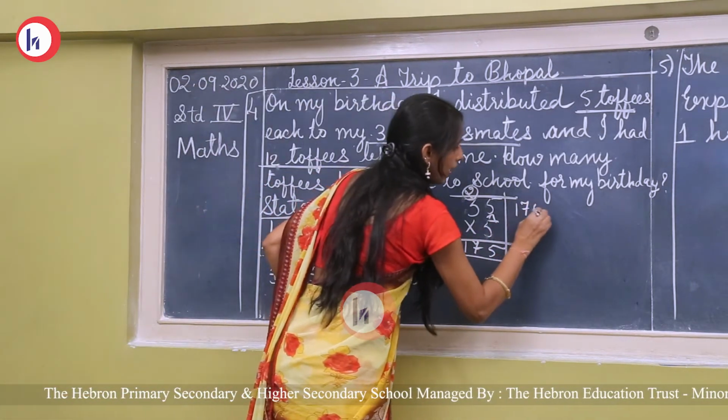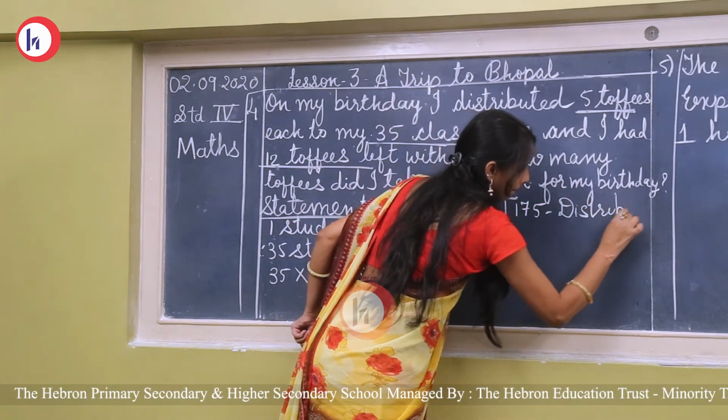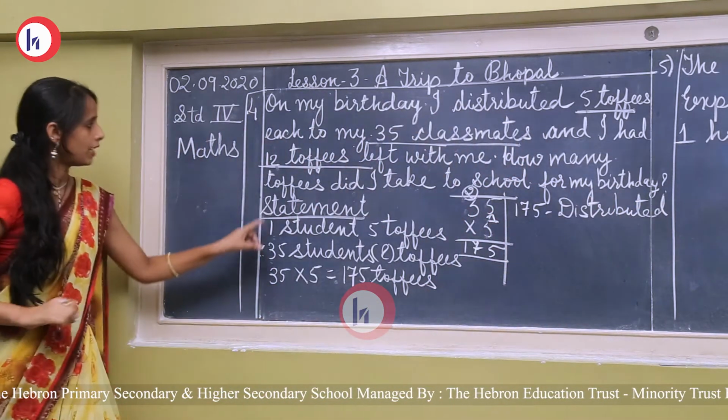So 175 distributed. Okay. How many toffees left? 12.